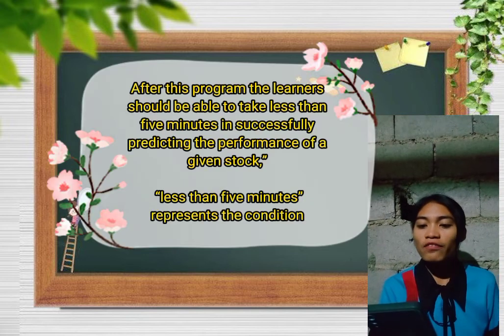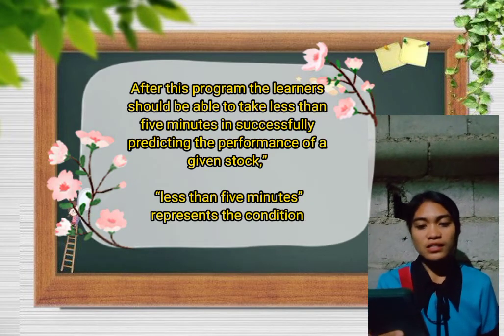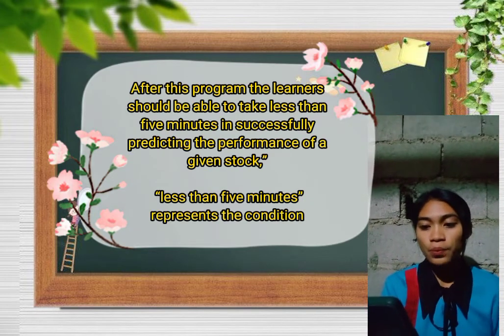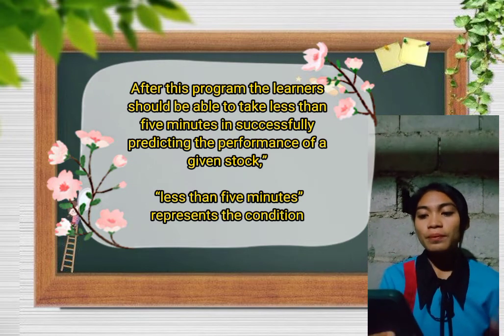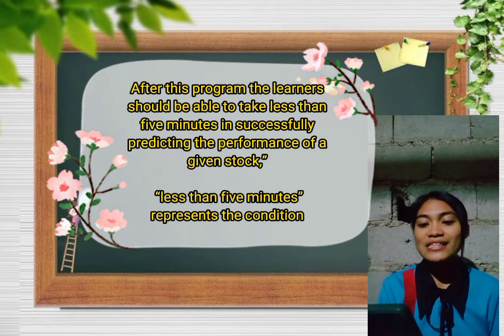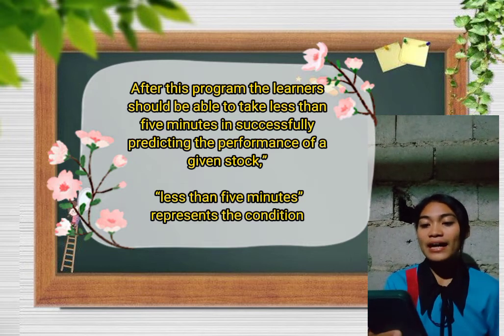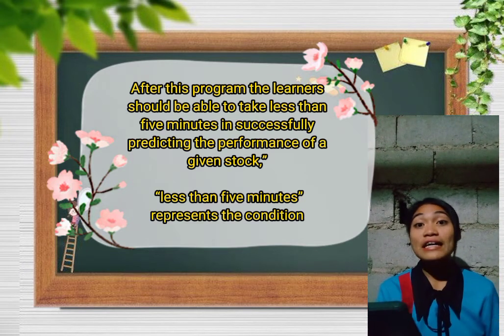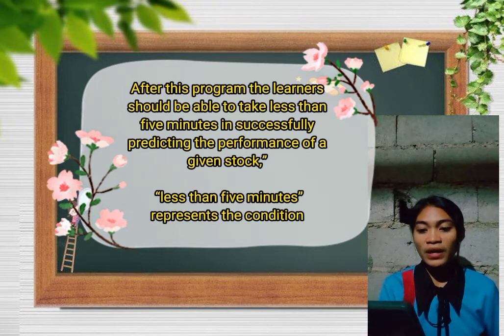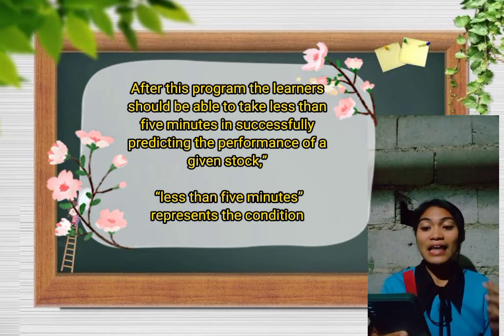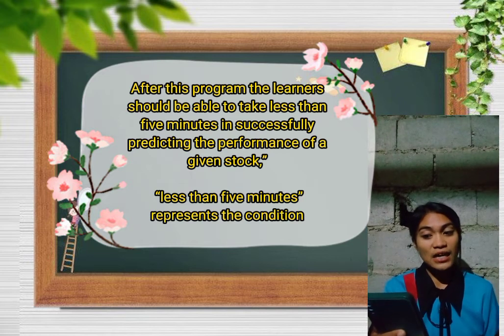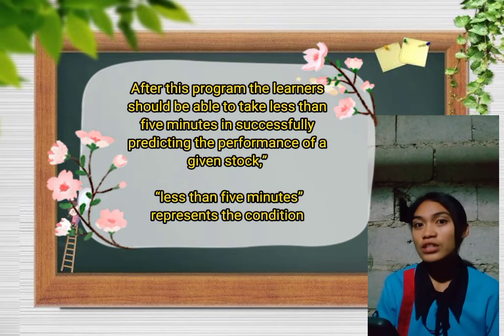An example of a condition in an objective is: after this program, the learner should be able to take less than 5 minutes in successfully predicting the performance of a given stock. In this phrase, less than 5 minutes represents the condition.